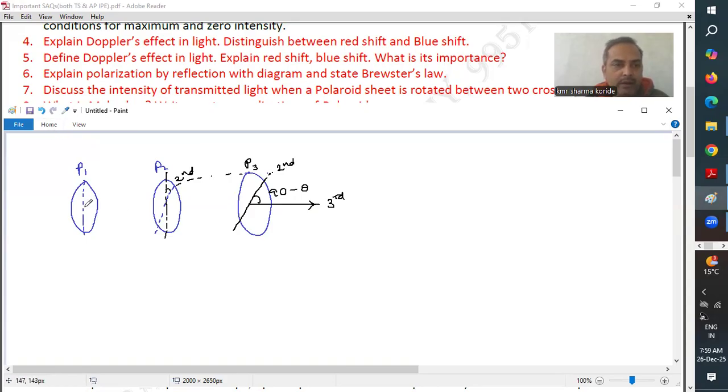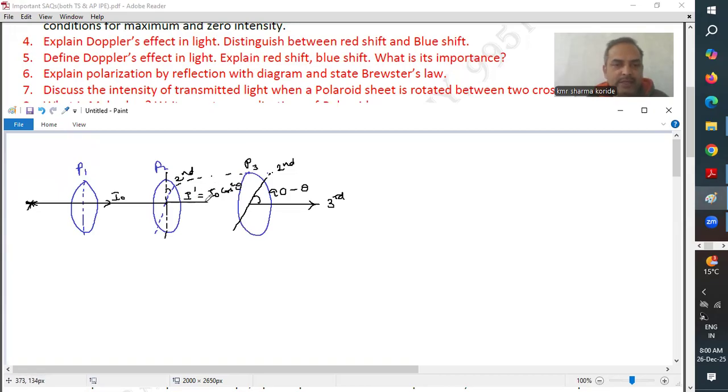Now unpolarized light is starting from here. It is incident. Let us say there is I naught here. I naught is the intensity of the polarized light when it passes through polaroid P1. According to Malus law, I dash is equal to I naught cos square theta.